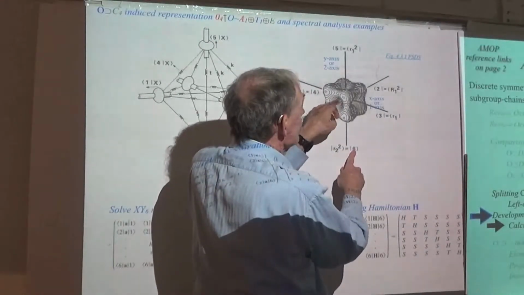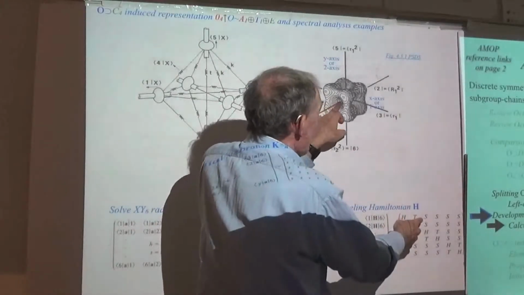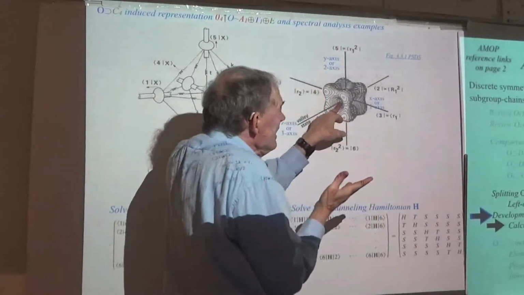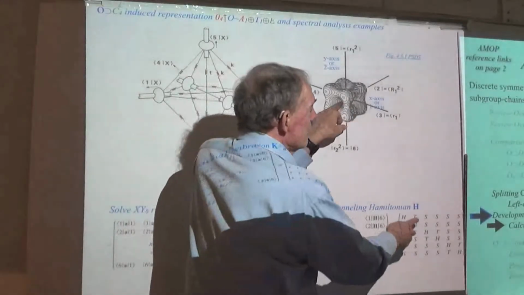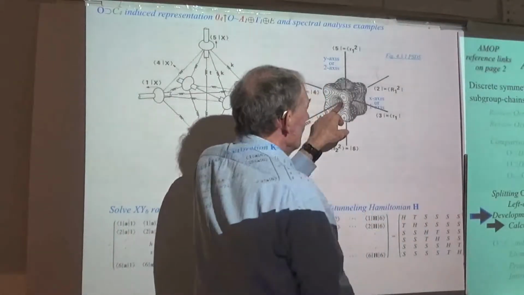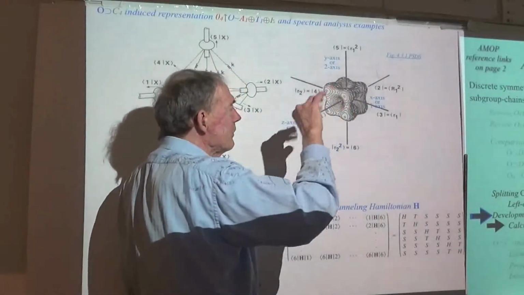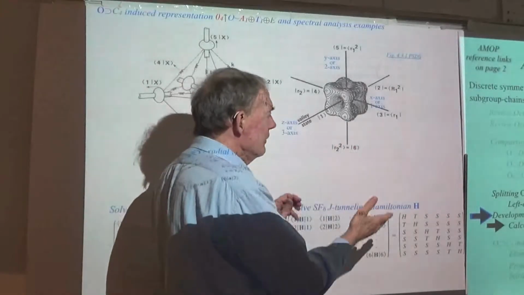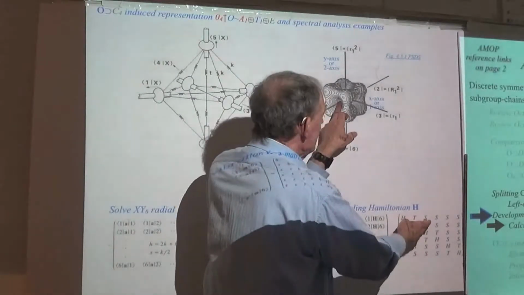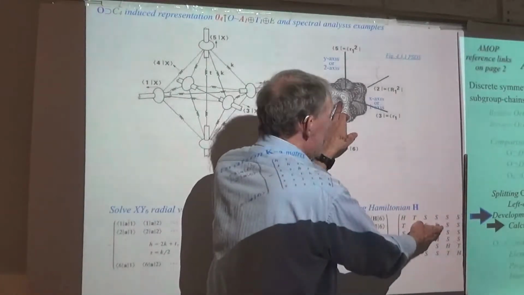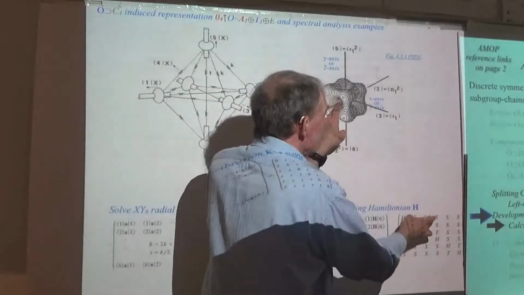They're all next door to this one by the same amount. So I put down these S for sneak. It's going to sneak tunnel next door here. It's got a certain exponentially decreasing coefficient that is going to be responsible for those superfine structures in the octahedral rotation spectra. But the sneak factor for going from 1 to 3 is the same as for going 1 to 5, or 1 to 6, or 1 to 4, you see.